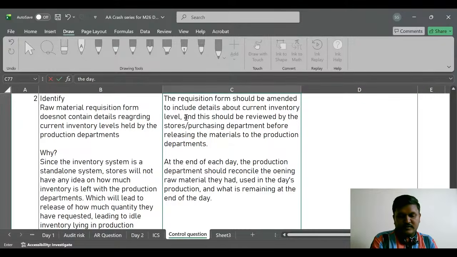So this should be that particular thing, and we can add in that someone should review this, but I'm not adding this, so this could be a recommendation over here.